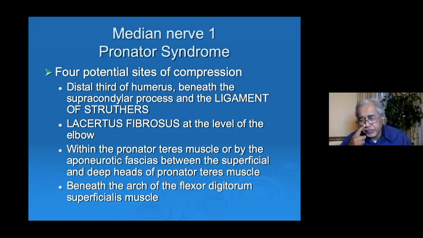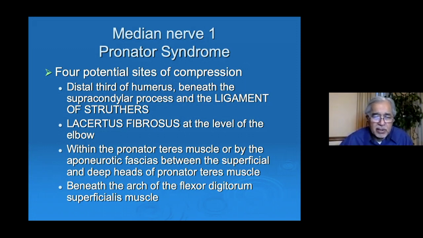Number 1 is the distal third of the humerus beneath the supracondylar process, and the ligament of Struthers, which compresses the median nerve. This is above the elbow. Lacertus fibrosus is at the level of the elbow, which is a fibrous structure, and that can compress the median nerve at the level of the elbow.